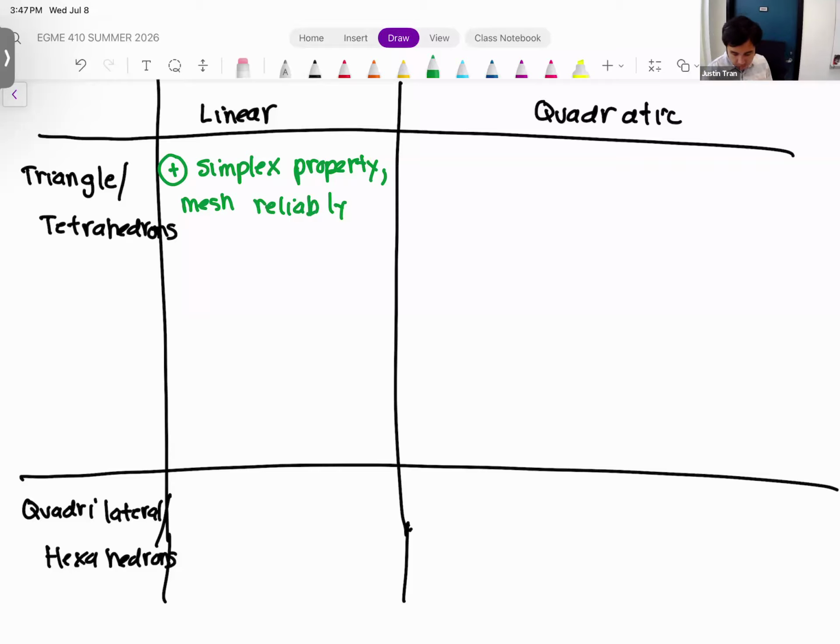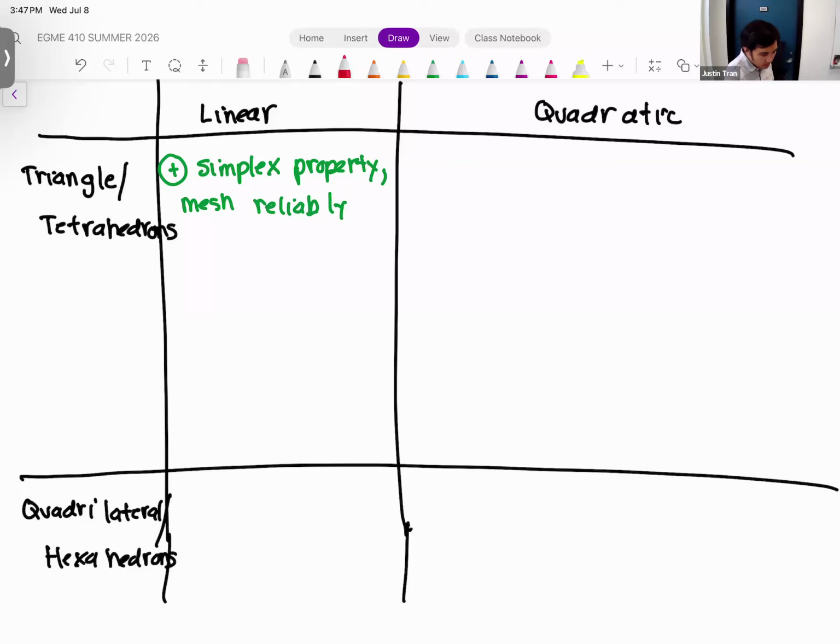I know I've said this a lot, but that is a very, very valuable property to have. Just knowing that you can get a mesh on a geometry is golden sometimes.